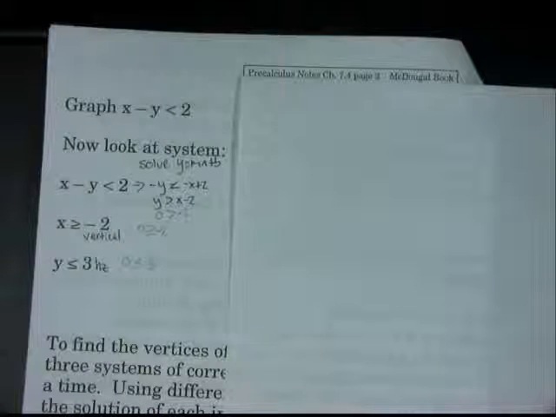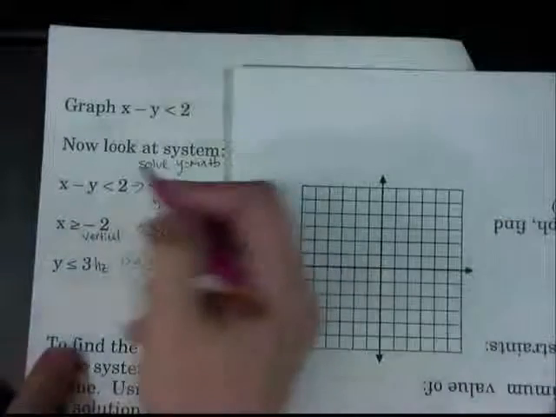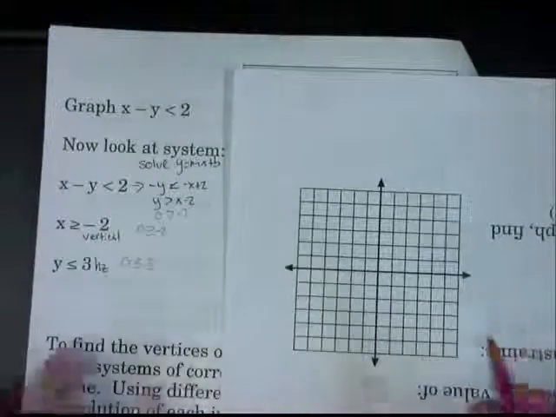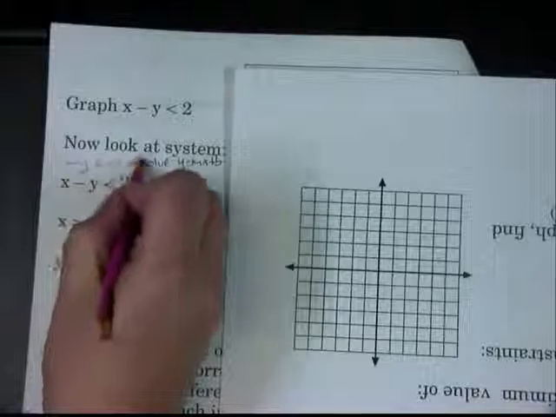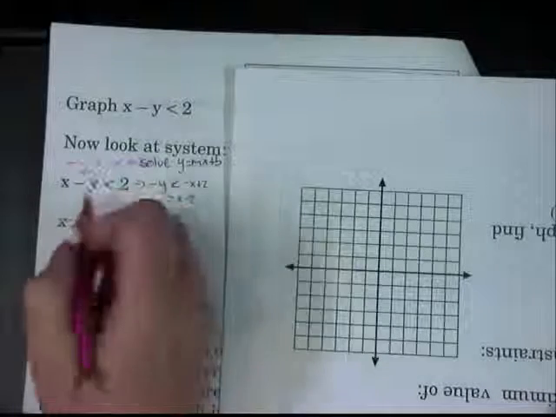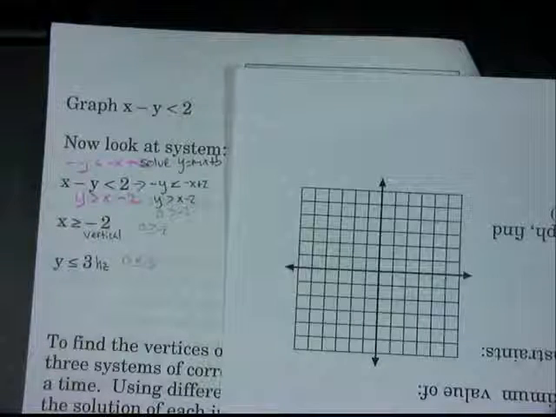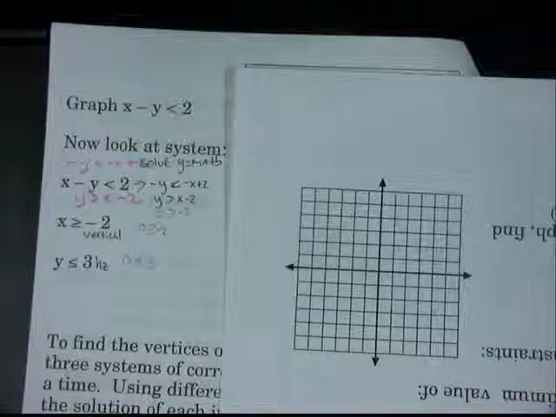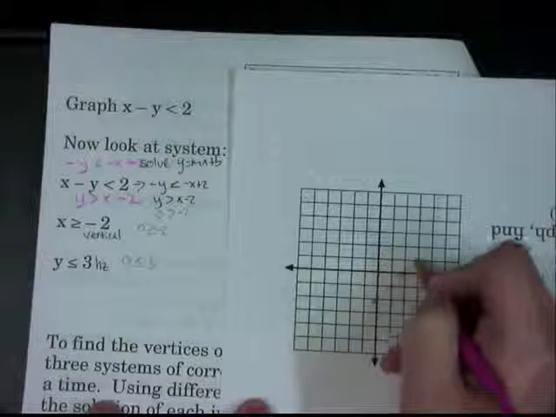When I go to look at the graph of this, the first thing I want to do is solve this. So I'm going to make it -y is less than -x plus 2. And when I divide by a negative, I switch my signs. So I get y is greater than x minus 2, with a y-intercept of -2 and my slope.